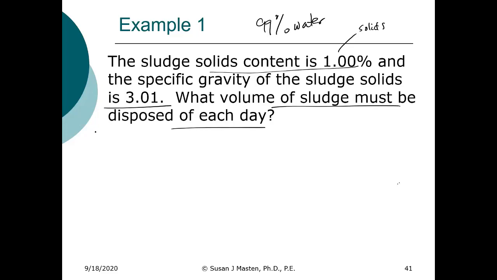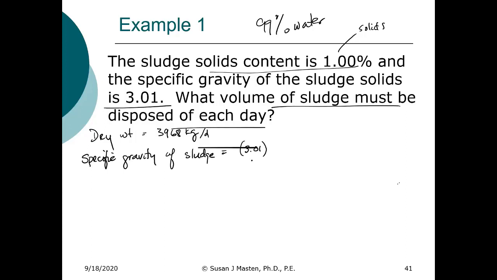The dry weight that we produced was 3,968, almost 4,000 kilograms per day. We need to know the specific gravity of the sludge.